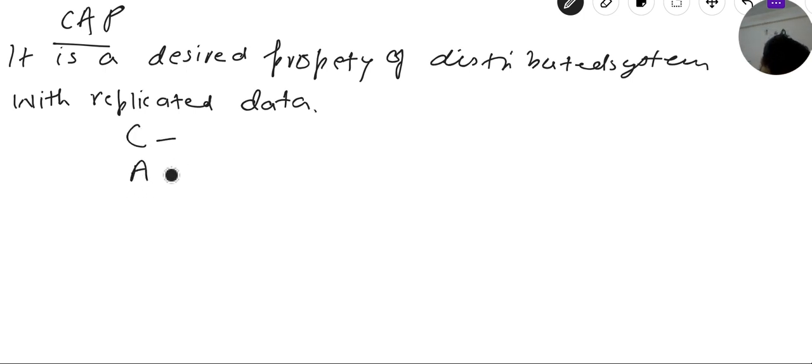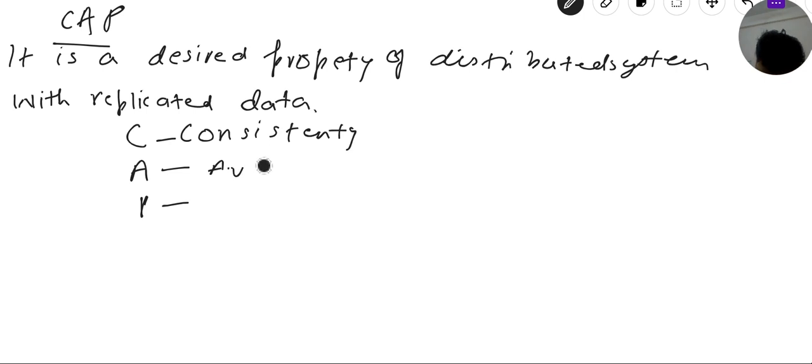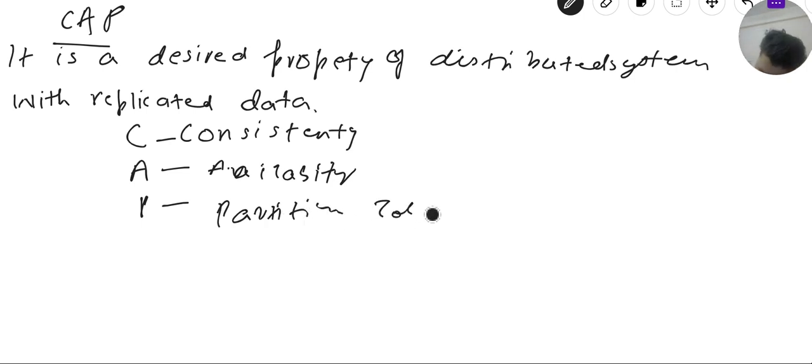C, A, and P. Now C stands for consistency, A stands for availability, and P stands for partition tolerance.